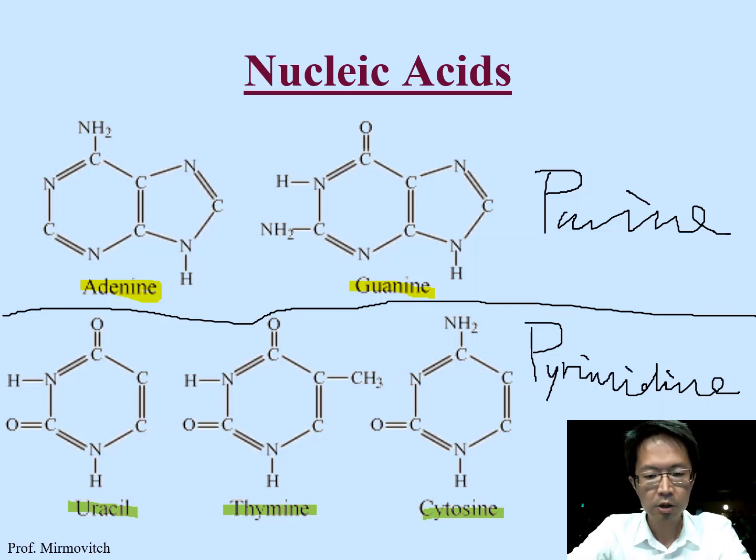Pyrimidine. So they have a hexagonal ring. Pay attention to uracil and thymine: thymine you only see in DNA, uracil you only see in RNA.